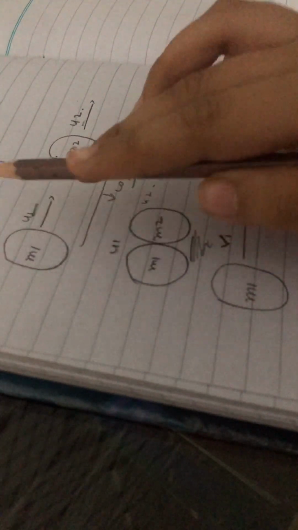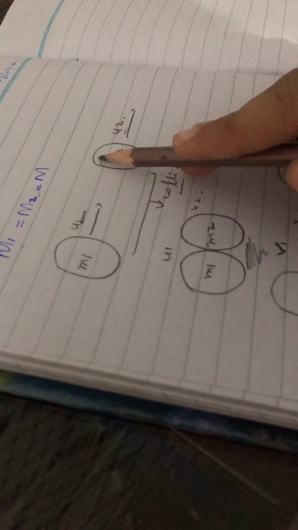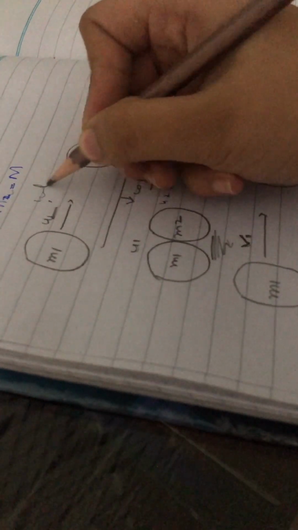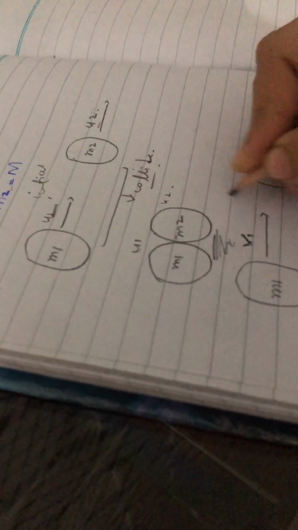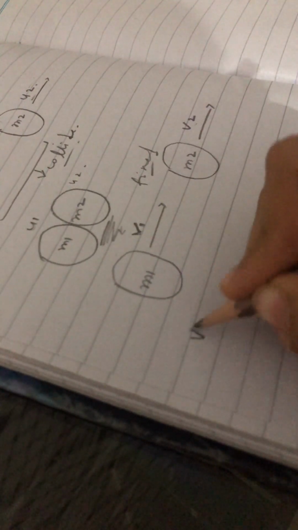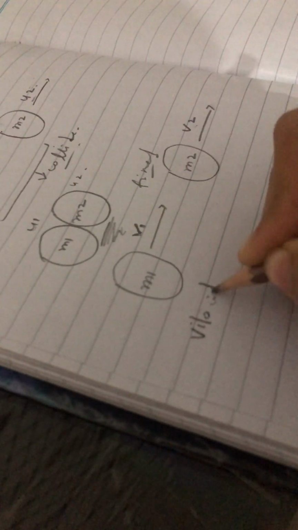When m1 is equal to m2, v1 will be equal to u1 and v2 will be equal to u2. This is the initial velocity, and after collision this will be the final velocity. Now here the velocities will get exchanged.